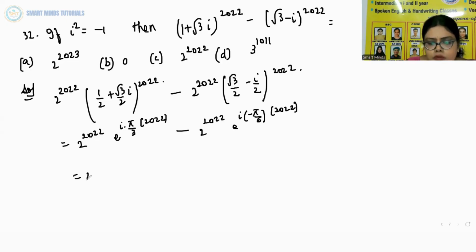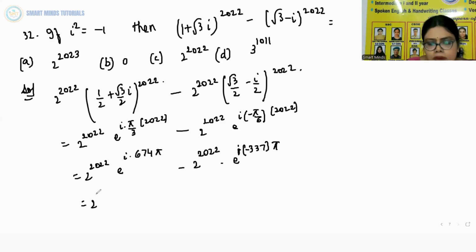So that is 2 power 2022 into e power i into, if I cancel this, we will get 674 pi, minus 2 power 2022 into e power i into minus 337 pi.